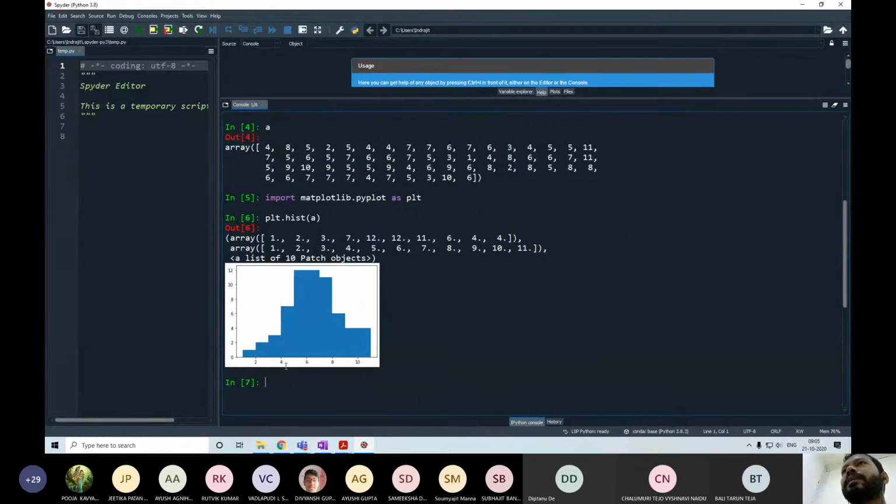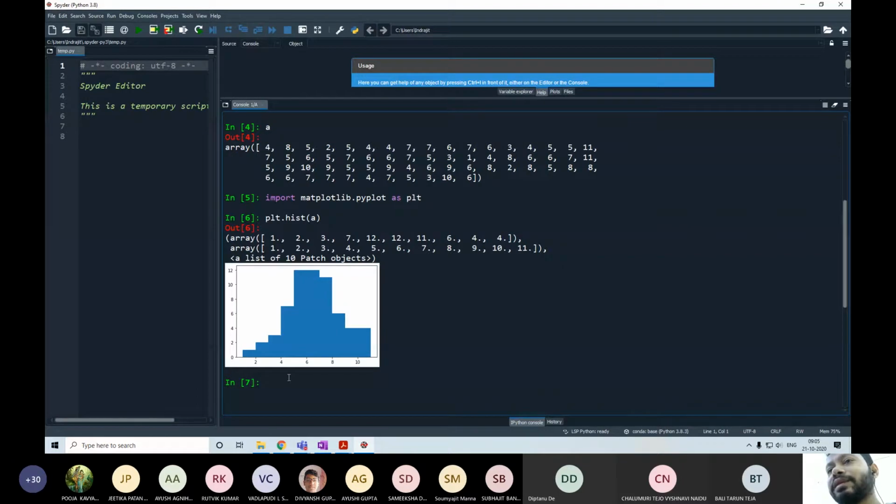Now, if I want to do a relative frequency histogram, I have to first figure out the class intervals, the frequencies, and the relative frequencies. If you look at this output here, it actually gives me two extra arrays and then a picture. So what are these arrays? Let me store those here.